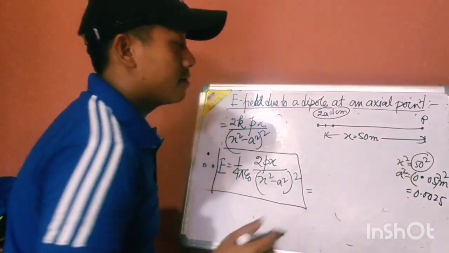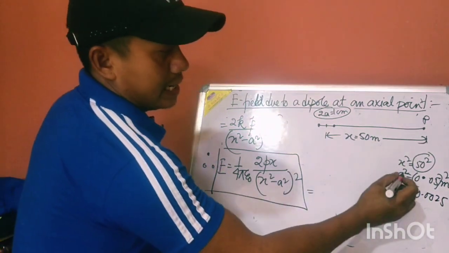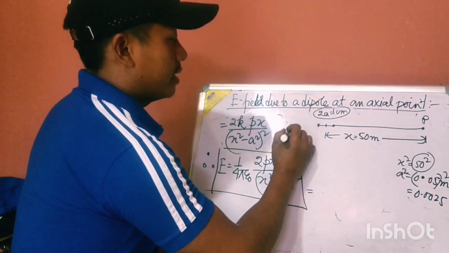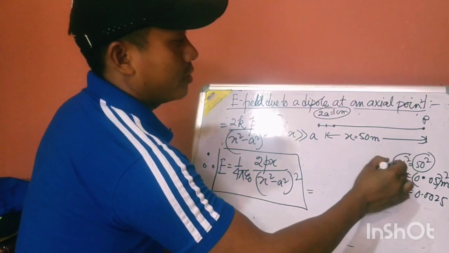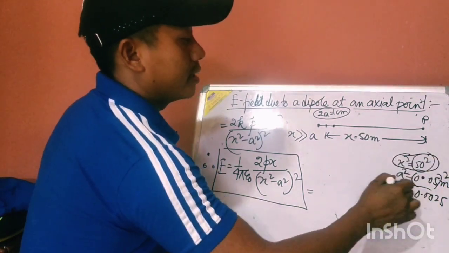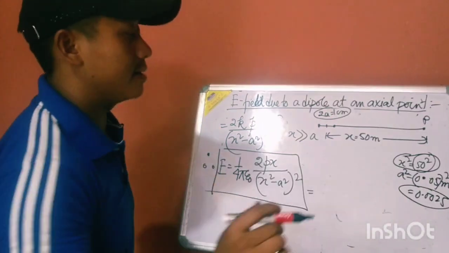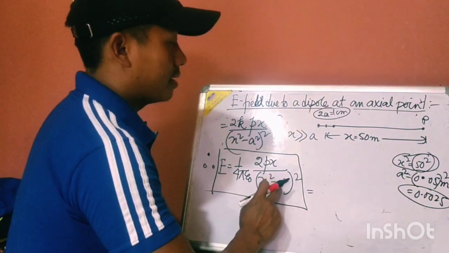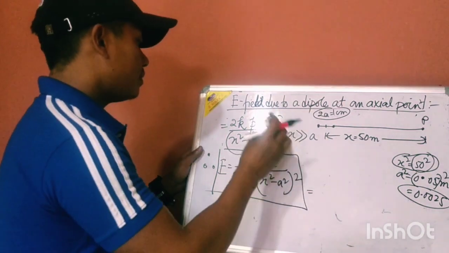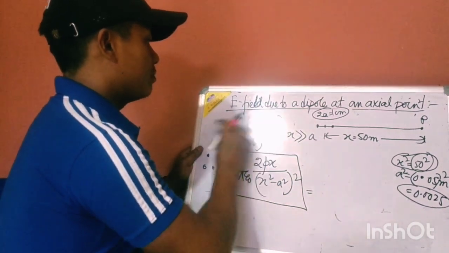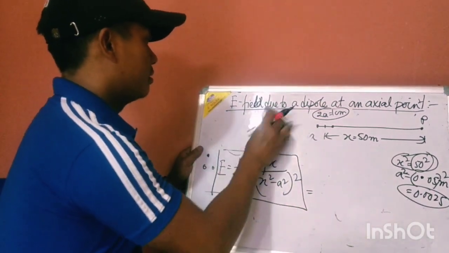When you compare this, when x is very much greater than a, x square becomes very much larger than a square. Under this condition, this a square term can be neglected.